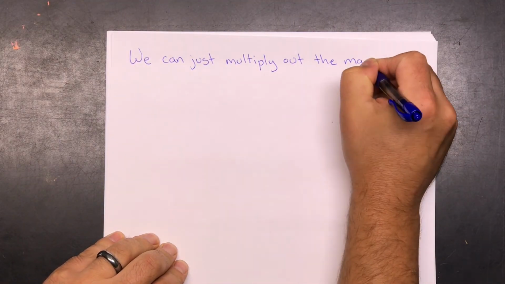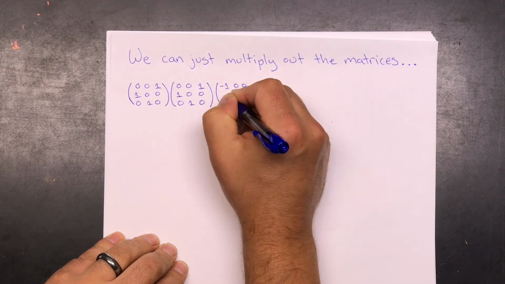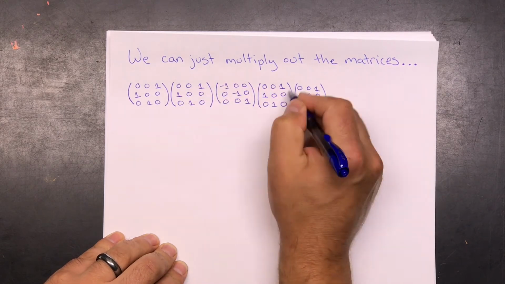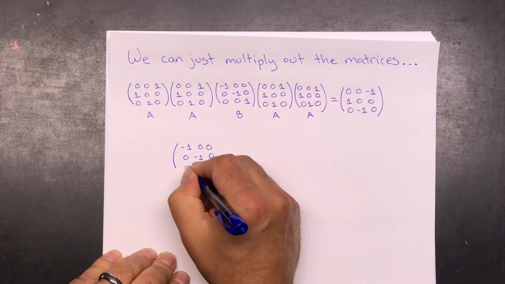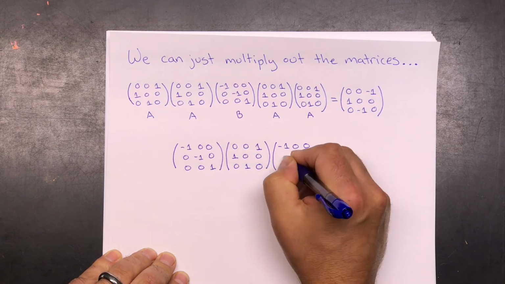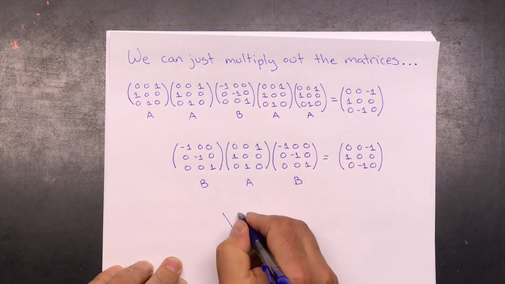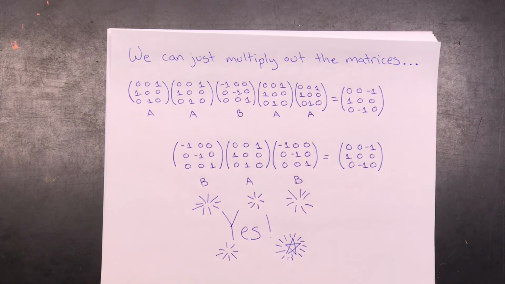Here's another approach. We could just multiply out the matrices and see if we get the same answer. So here we go. I wrote out the matrices and I pretended to do the multiplication, which I really did with a computer. And yes, I get the same matrix as the answer.